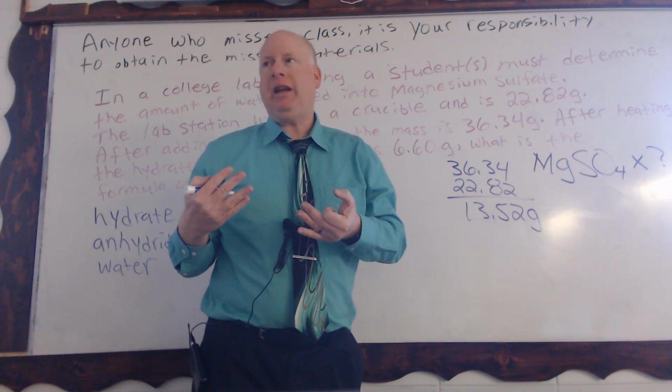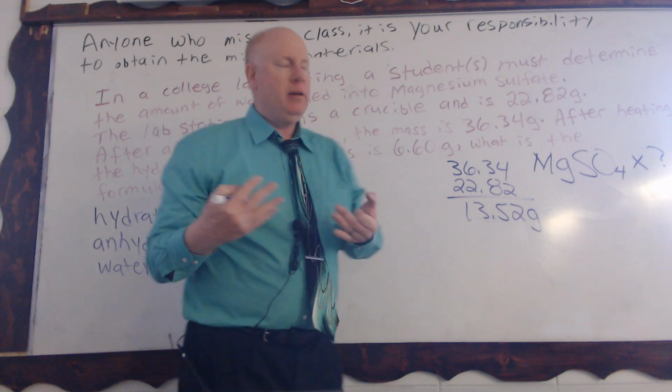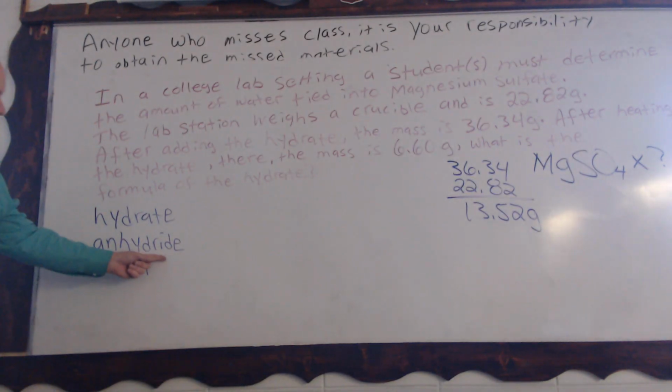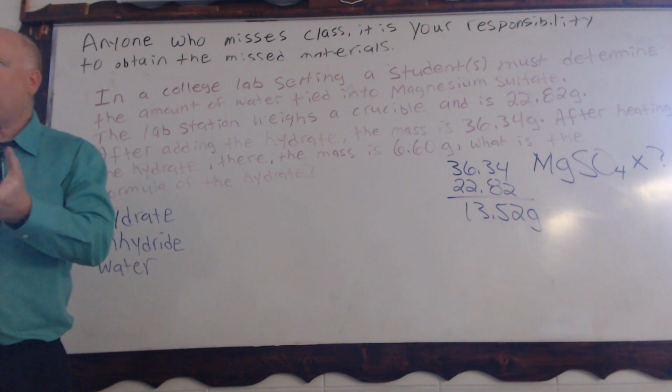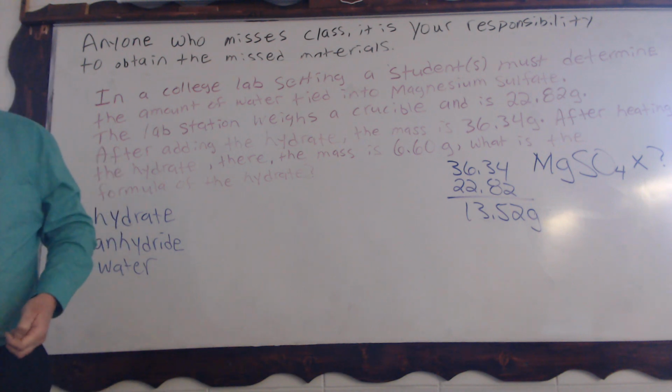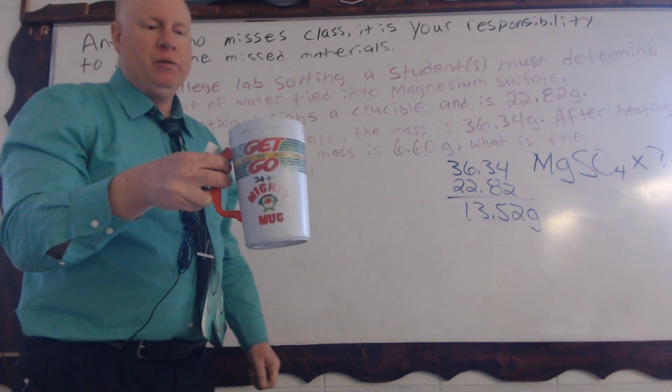No, so it can't be your anhydride. So it can't be this, and it can't be that. This is the mass of your hydrate, because all you're doing is you weighed your crucible. Of course, this would be a really big crucible.